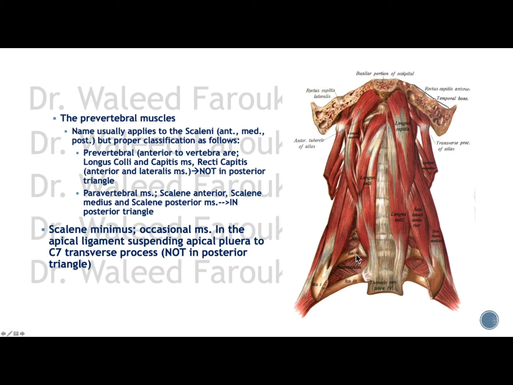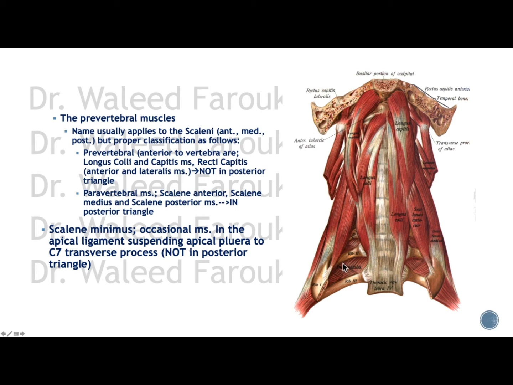So the pleura reaches the neck of the first rib. So we have pleura in the neck. We have access to the pleural cavity in the neck. Remember this when dealing with neck injuries, especially deep ones. The patient might be in a case of pneumothorax, lung collapse, because the pleural cavity has been compromised in this area.